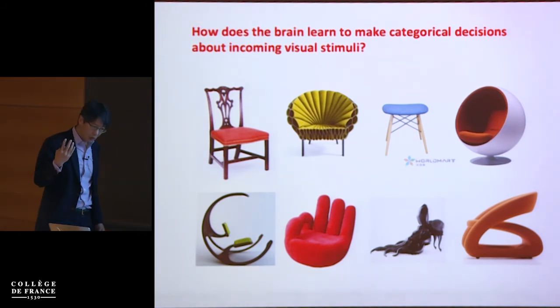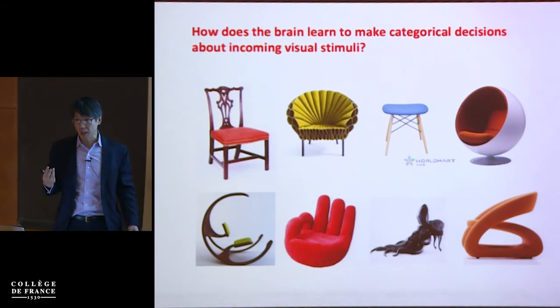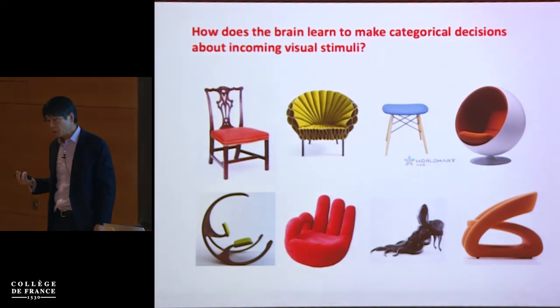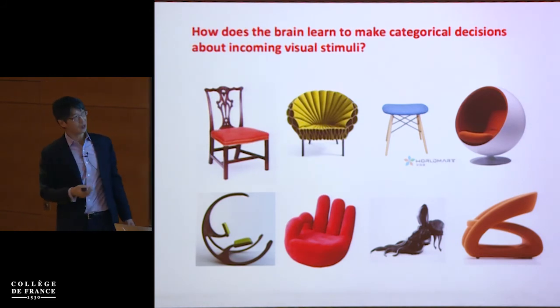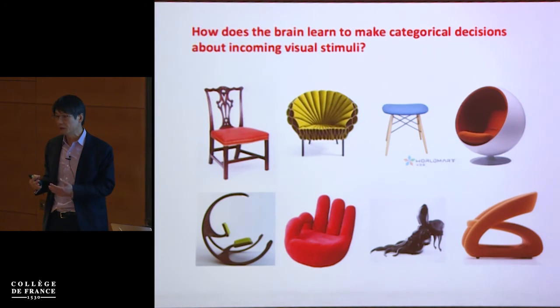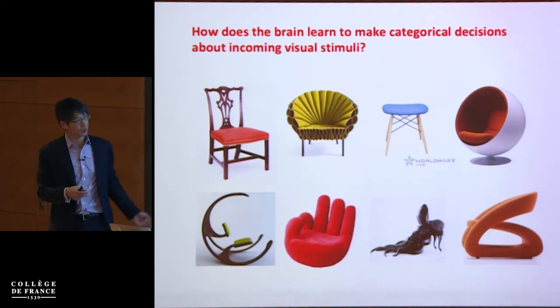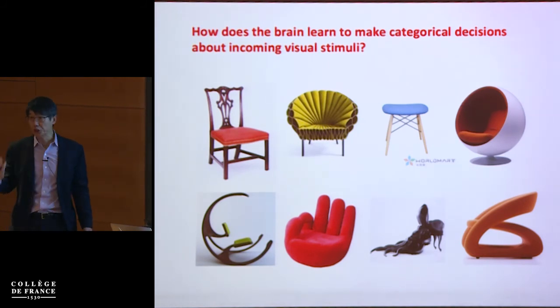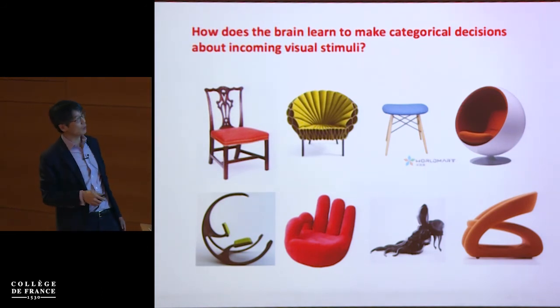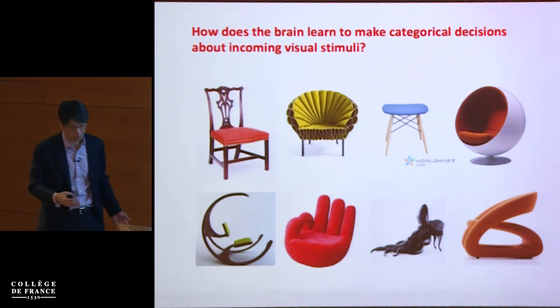So sometimes you are asked to classify visual objects into categories which are not obvious, like in these examples, right? And maybe not really based on similarity of features across objects. In this case, I don't know what's the shared feature, right, across all 8 different examples. Some chairs don't have legs, right? The colors are all over the place, shapes are all different.